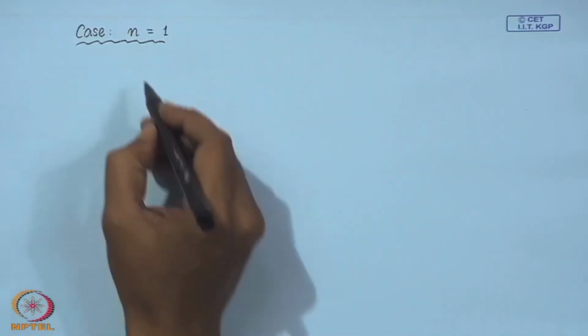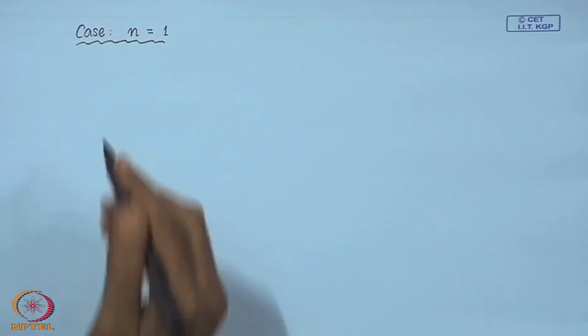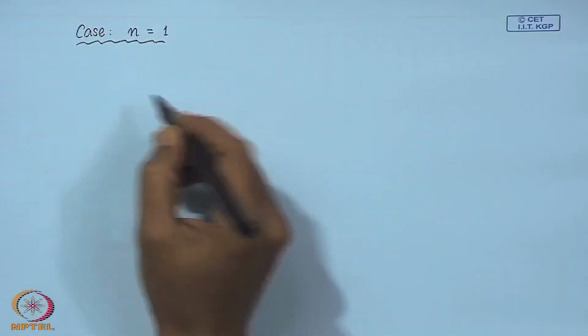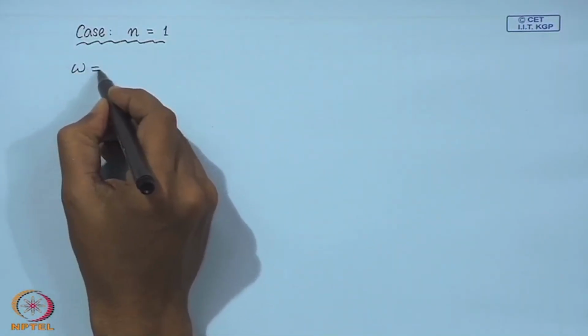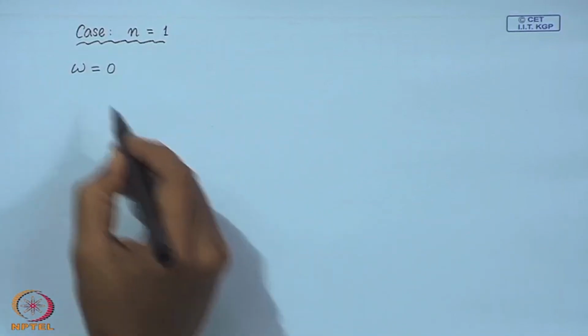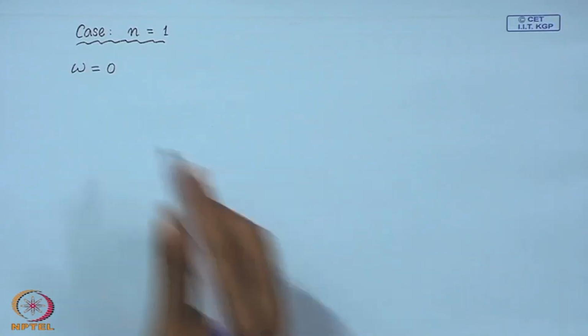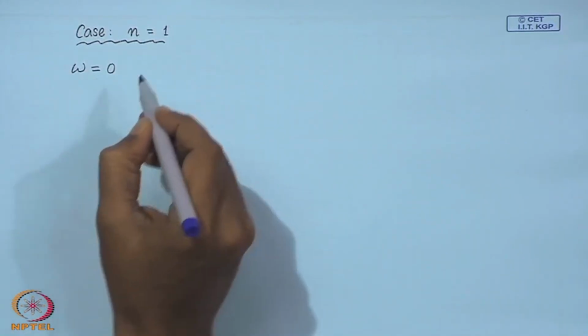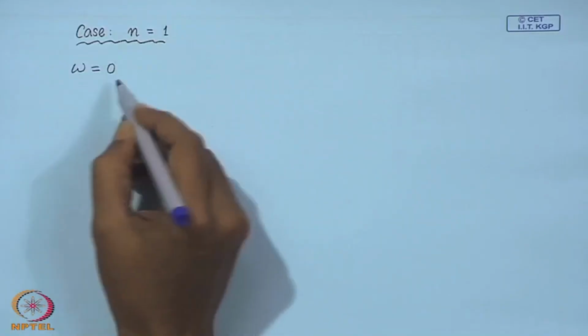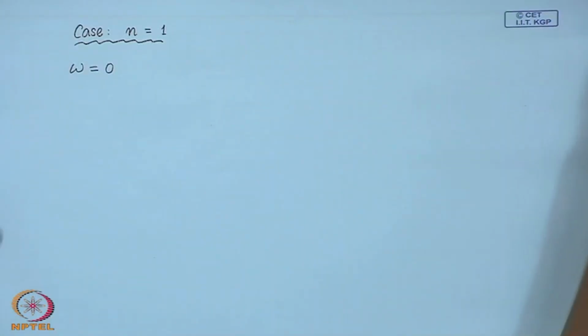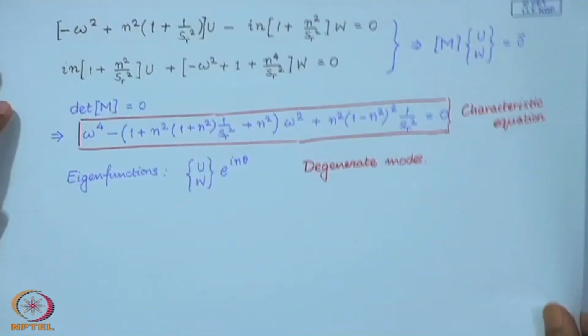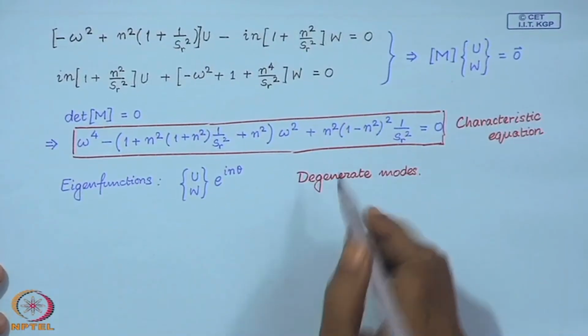So, in that case, if you substitute n equal to 1 in the characteristic equation, once again you will find that the first solution is omega equal to 0. So, for n equal to 1, omega equal to 0 is again a solution, that you can see directly from here once again.